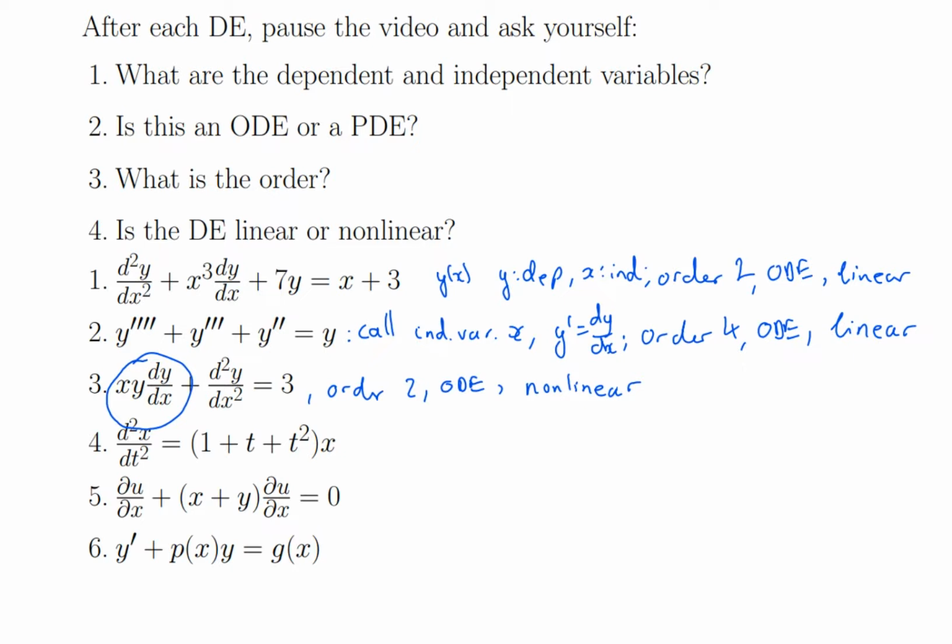I see d squared x dt squared. So now x is the dependent variable and t is the independent variable. Here I see d squared x dt squared. That's a linear term. And here I see a function of t, which is the independent variable, times x. So again, that means it's linear. It's second order linear.